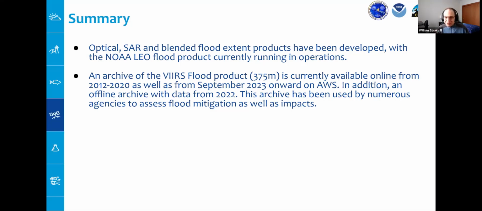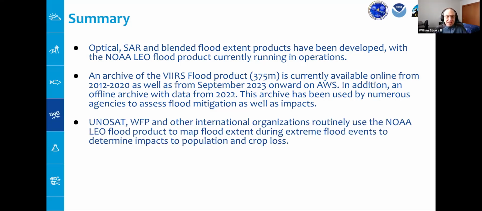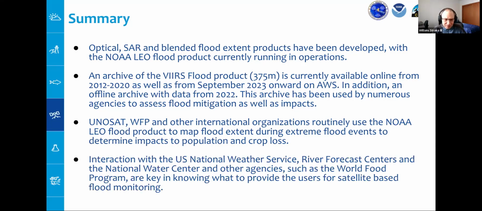And this archive has been used by numerous agencies to assist flood mitigation, as well as assess its impacts. UNOSAT, the World Food Program, and other international organizations routinely use the NOAA flood product to map flood extent during extreme flood events to determine impacts on population and crop loss.